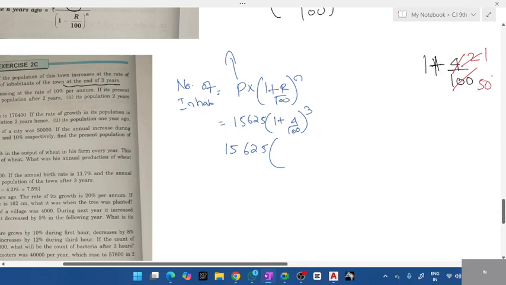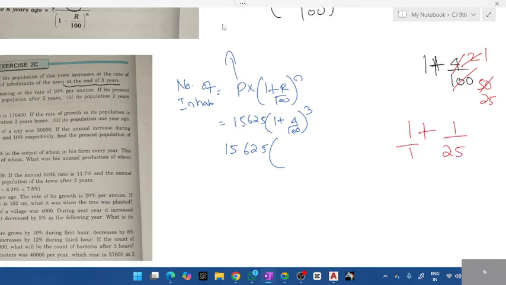Then 2 1's, 25. So what do you get? 1 plus 1 by 25. Here you add 1. What's the LCM? See, whenever 1 is given, 25 only will be the LCM there. So what's the LCM? 25, right?